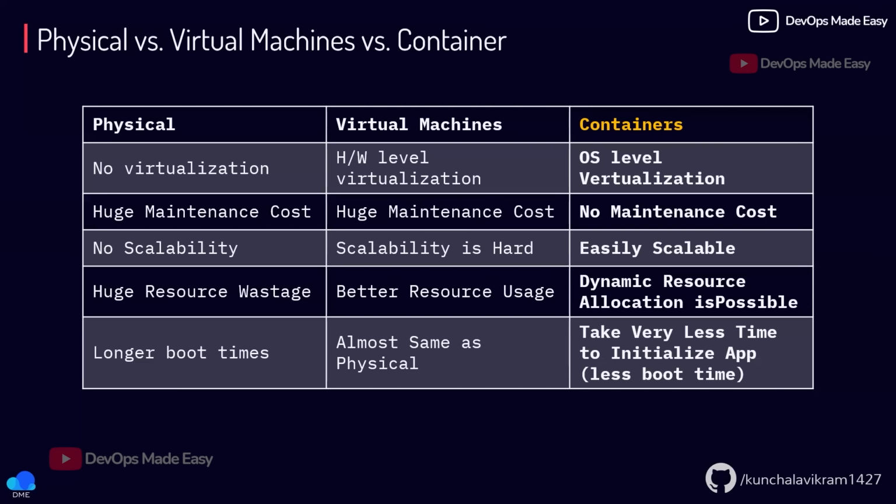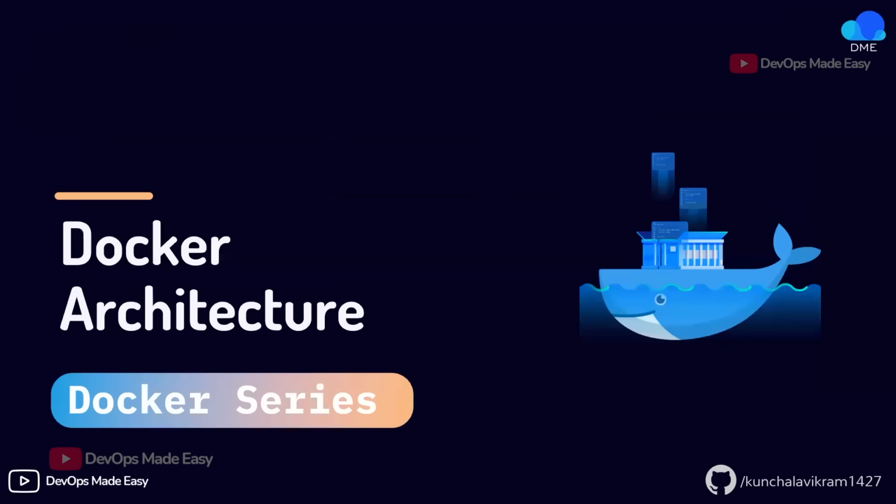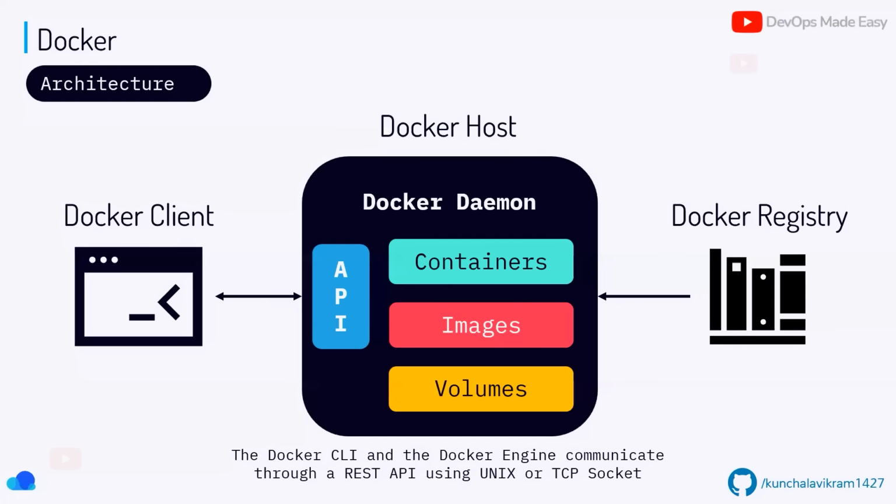It is OS-level virtualization. A container gets the OS and also the hardware resources directly from the host. In a VM it's the same, but we have a separate operating system inside each VM. Since the container takes directly from the host OS, we say it is OS-level virtualization. Okay, correct, fine. Thank you.